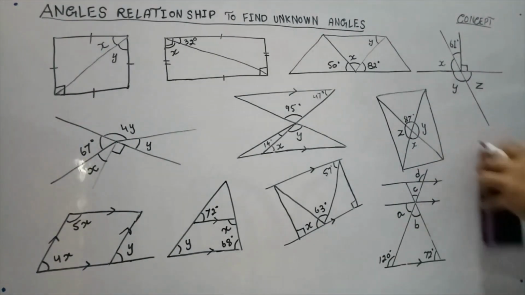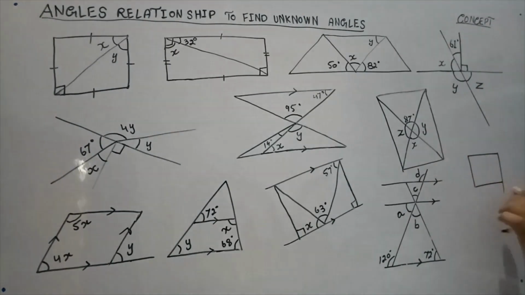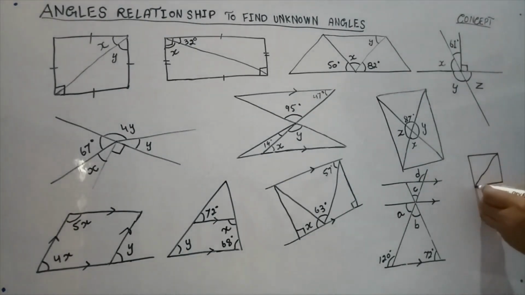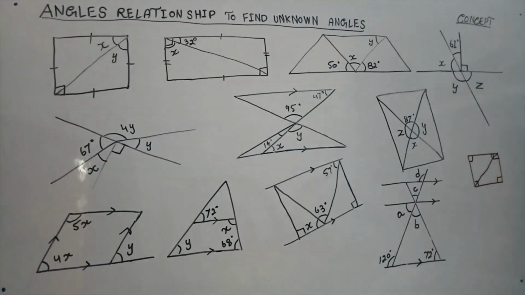Alright, this is the square we have. We know that in a square the side angles are equal to 90 degrees, and this angle is equal to this angle.